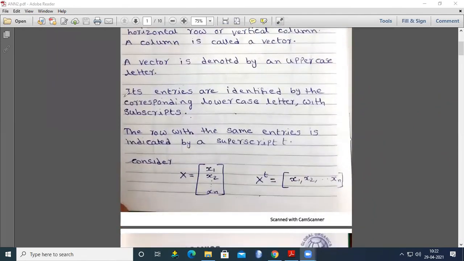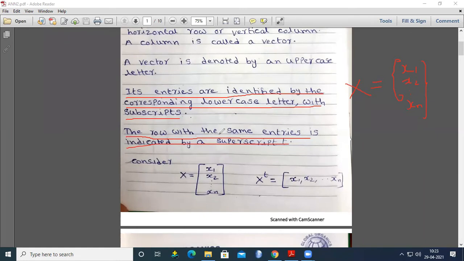Its entries are identified by the corresponding lowercase letters with subscripts. That means x is the vector, and its entries we write with small letters x1, x2, and so on up to xn.